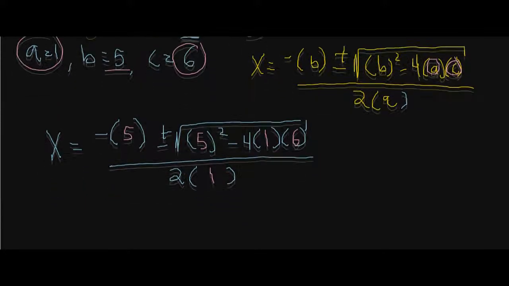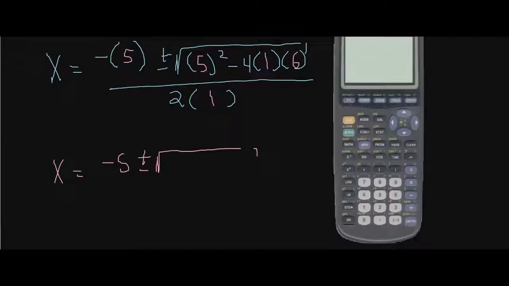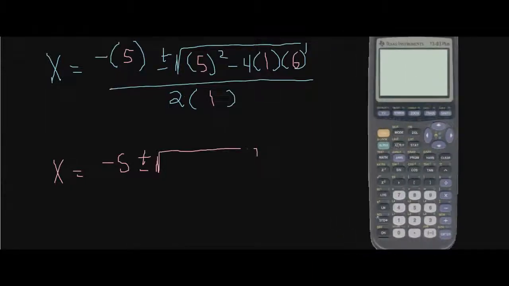So let's simplify this a little bit. We're going to get x is equal to negative 5 plus or minus the square root. And this is where I'll just use the calculator, so there's no potential mental mistake. Let's go parentheses 5 squared minus 4 times 1 times 6 parenthesis.